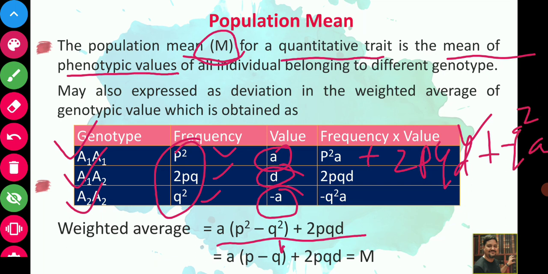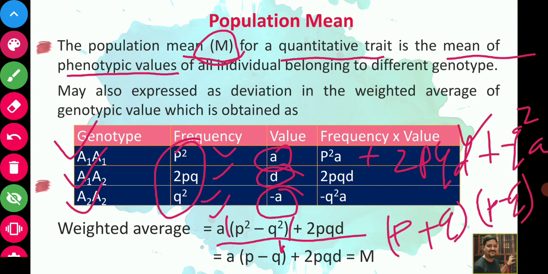Now p square A minus q square A. So you take A as common. So it will be p square minus q square, plus 2pqd. You can write p square minus q square as p plus q into p minus q.